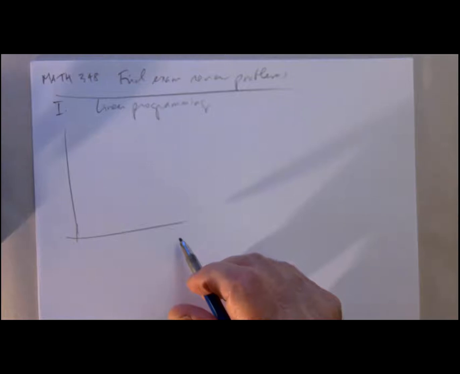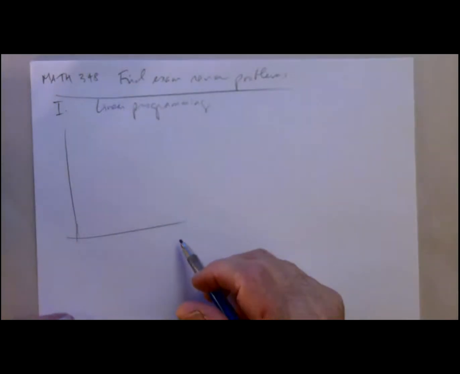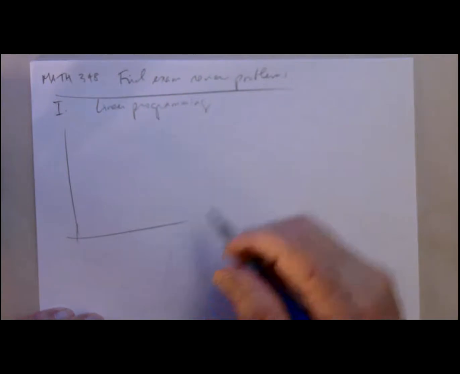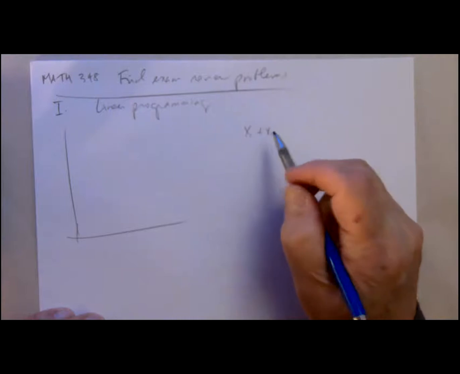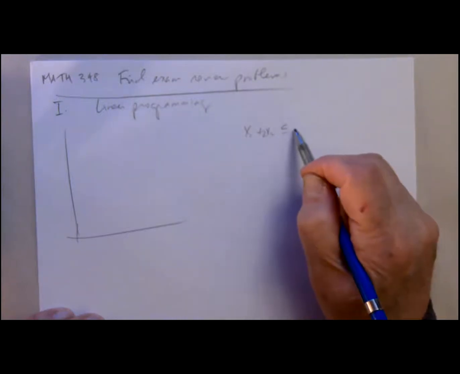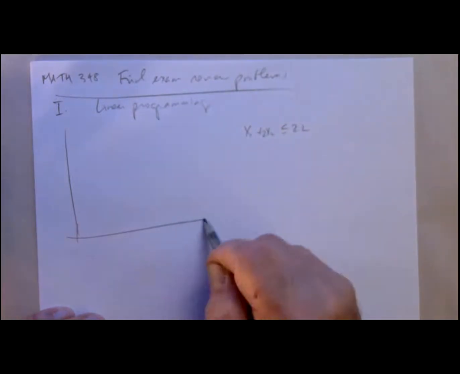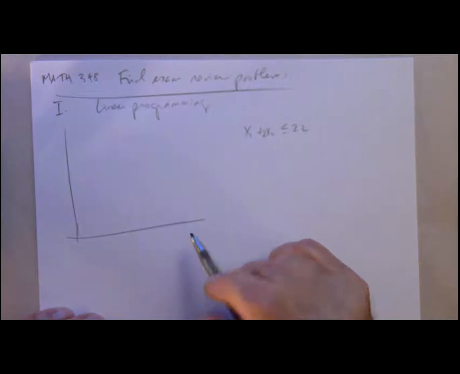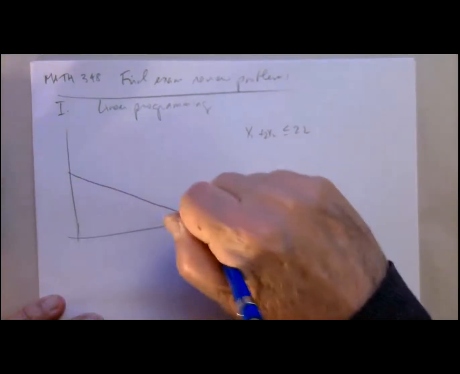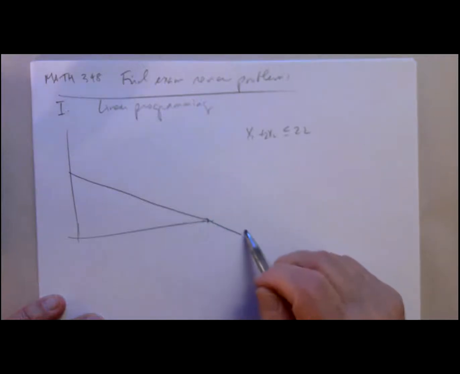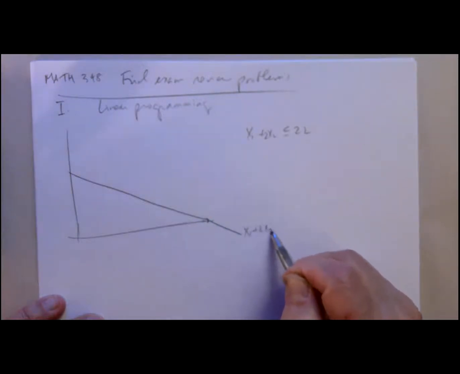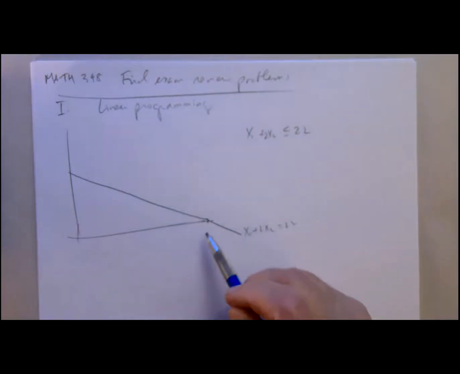So we have inequalities. The first is x1 plus 2x2 less than or equal to 22. This is a line which looks something like this. Let me just write, this is the equation of the line x1 plus 2x2 equals 22.